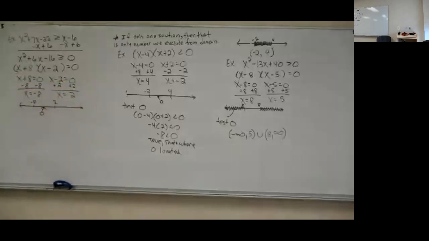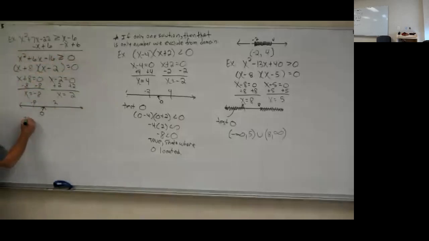Now, what's nice, when I test my 0, I can use that original equation if I want to, or I can use this one right here. I always pick the one that's got the 0 on the right side because the x squared is going to be 0. The x term is going to be 0. So all we need to know is negative 16 greater than 0, true or false? It is false.